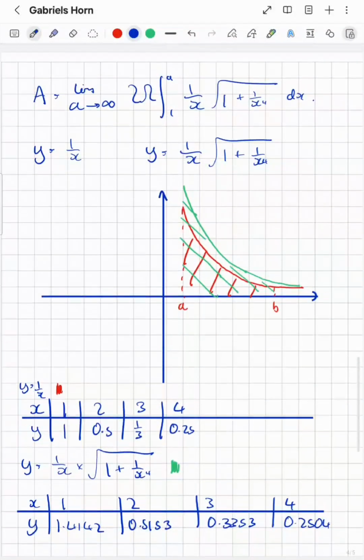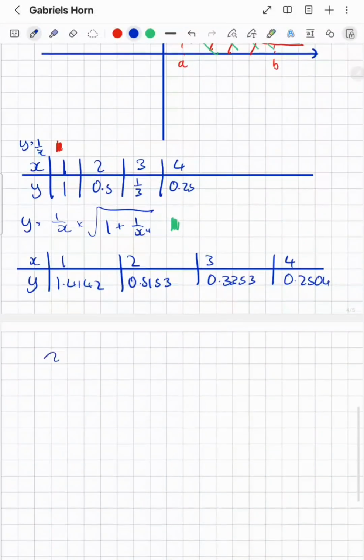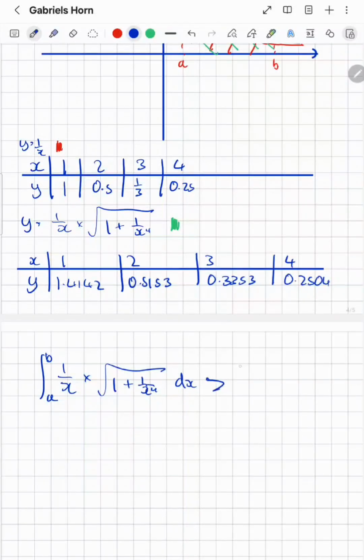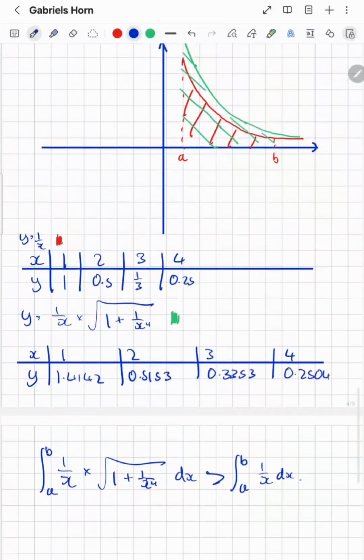So this means that the integral of 1 over x multiplied by the square root of 1 plus 1 over x to the 4 with respect to x between b and a is greater than the integral between b and a of 1 over x with respect to x.